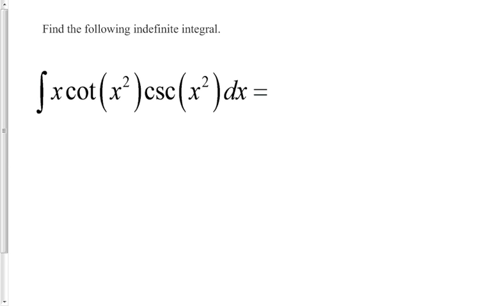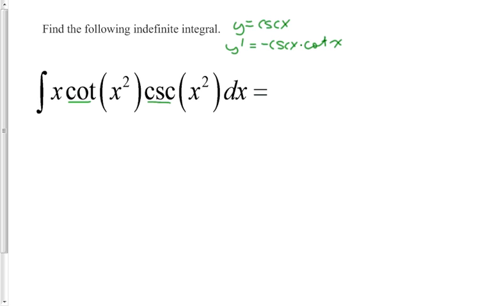Okay. And the last problem we're going to look at, we might want to remember here that cotangent and cosecant, the derivative of something gave us cotangent times cosecant. And that was, if we started with y equals cosecant of x, the derivative of that was negative cosecant of x times cotangent of x. So we do know a little relation there.